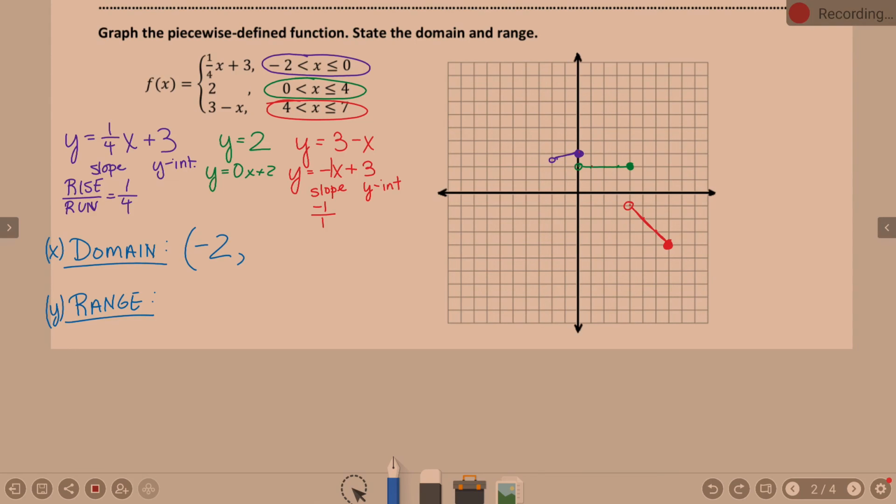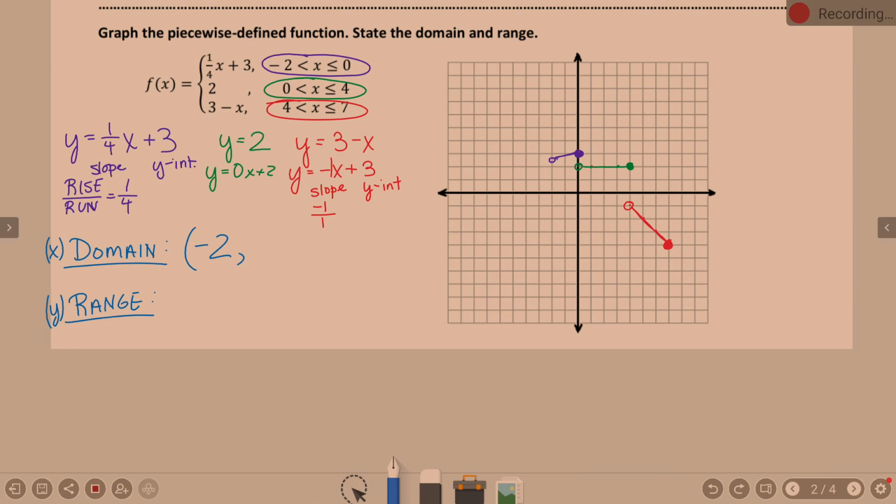Comma. Now, as we go over, if I look at the graph here, and I know you guys are looking at the numbers, this goes -2 to 0. But then what do we know down here? This other graph starts at 0. And 0 is included, right? So can I keep going? Yep. So this goes 0 to 4. And then it goes that one. But then this graph picks up at 4, doesn't it?